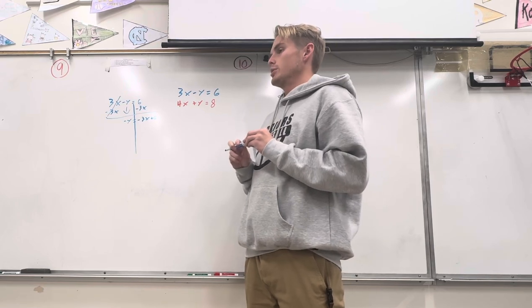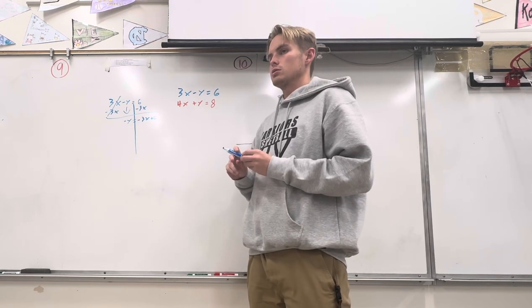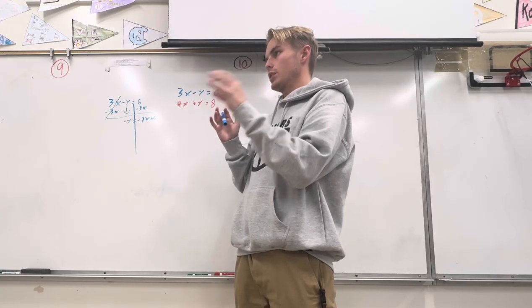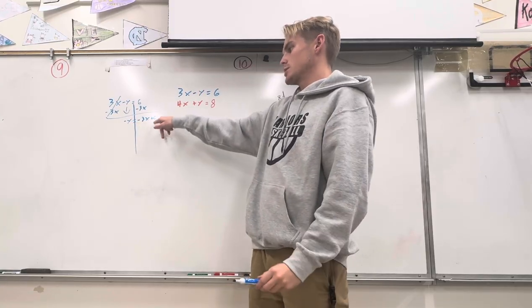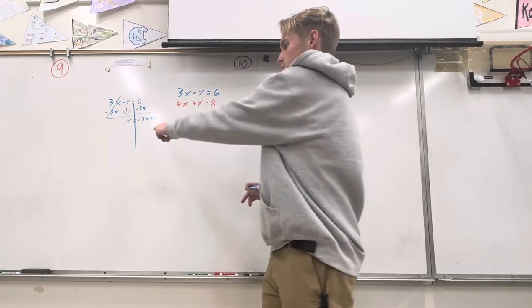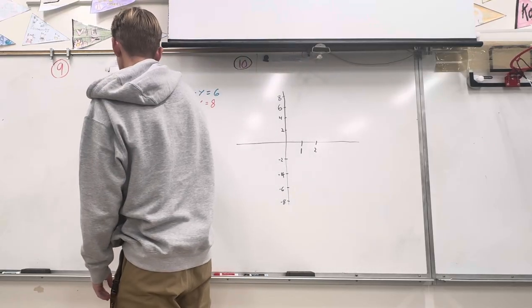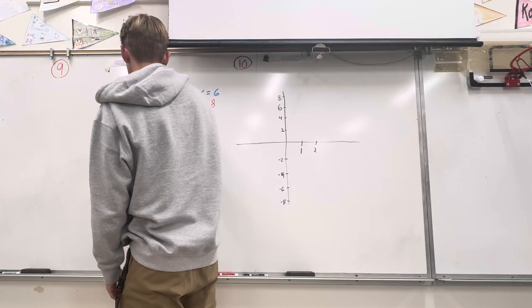Now be very careful, we are not done. We're not looking for negative y. We want to know y. So we want our equation to be in the form y equals mx plus b. This is in the form negative y equals mx plus b. So we have to get rid of this negative sign. How do we do that? We divide everything by negative 1.